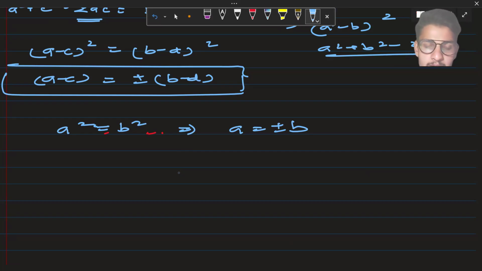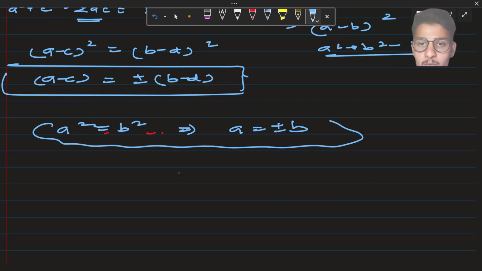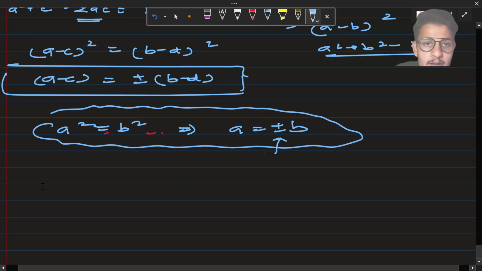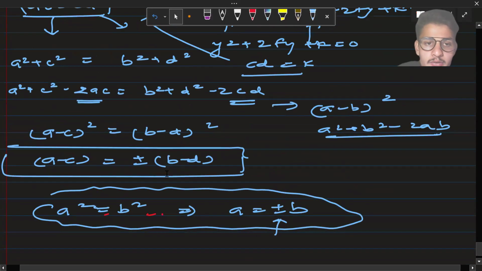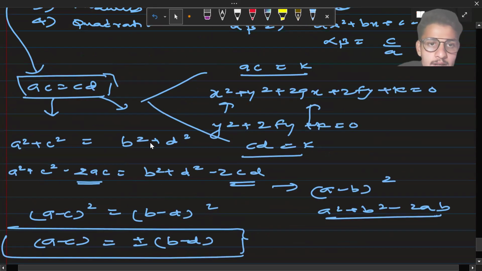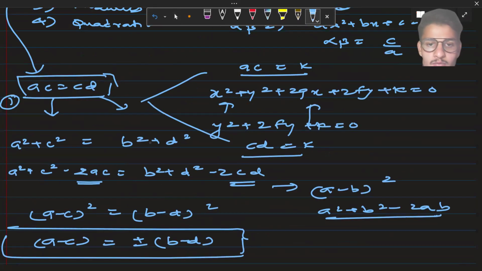Please never forget this. This is a very important property, and missing this plus minus sign can deduct your marks. Remember, this is plus minus. So we have received two conditions. First condition, AC is equal to BD, and the second one is this.